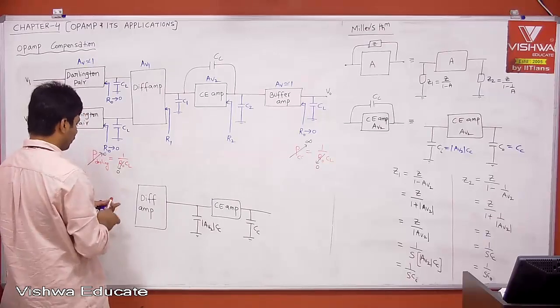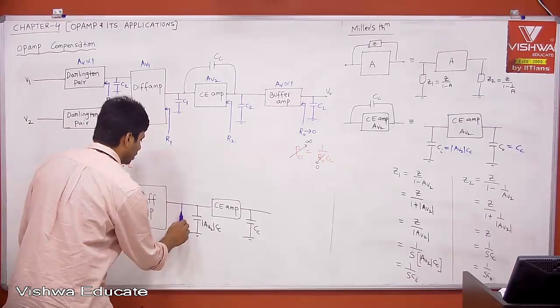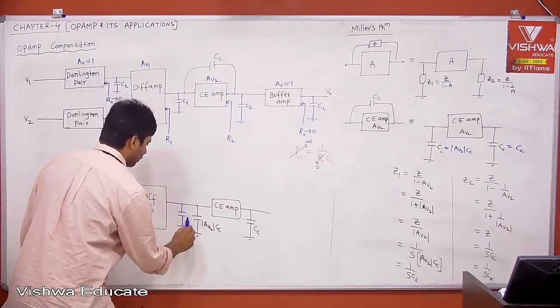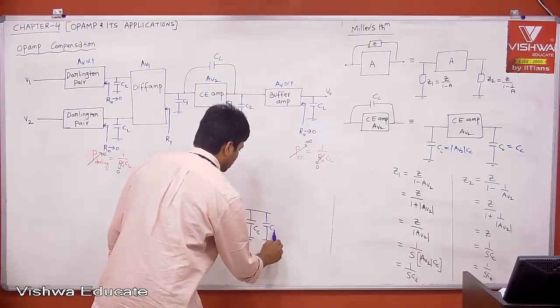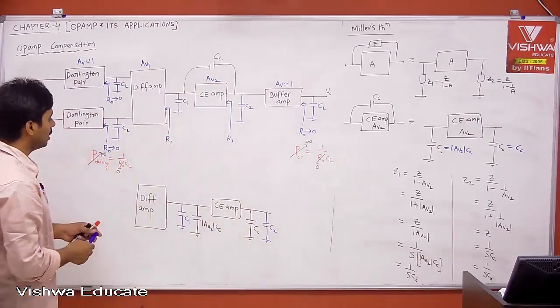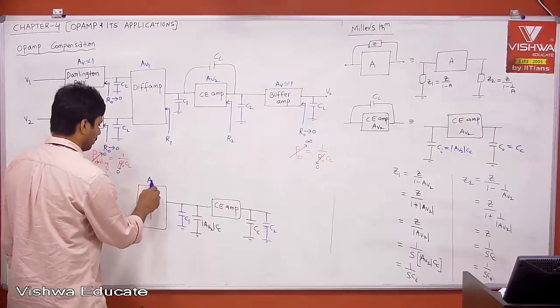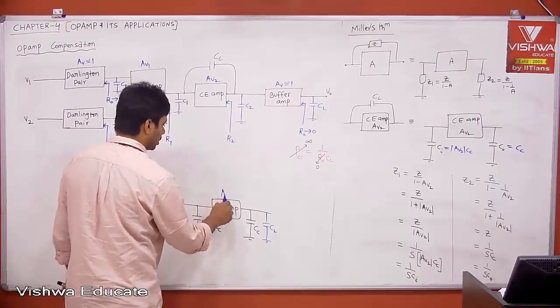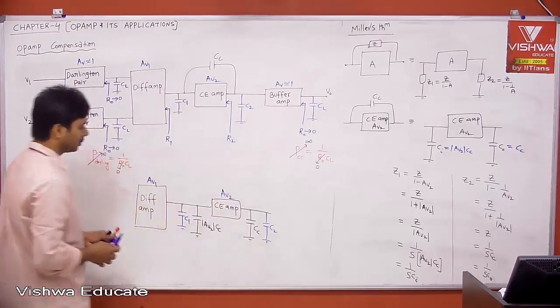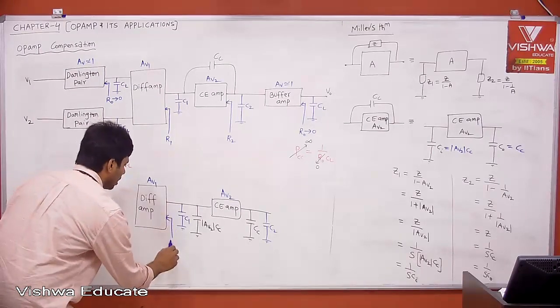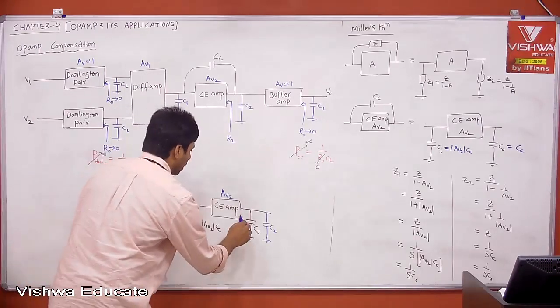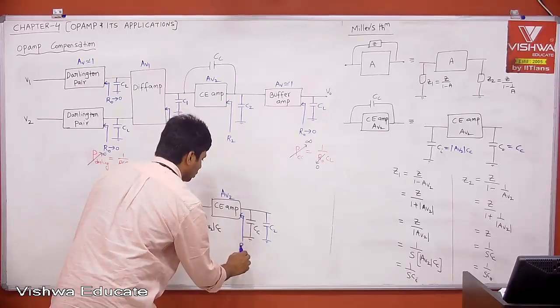But we already have C1 and C2, and this is gain stage AV1, this is gain stage AV2. It has output impedance, let us say R1, and the second stage has output impedance R2.